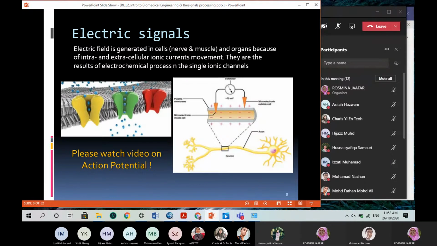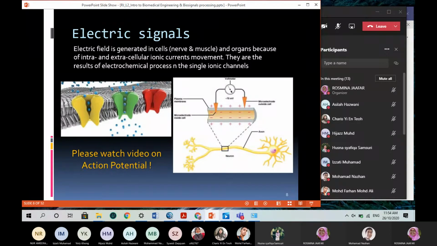Okay, as we recall from the intro to human physiology topics in the first lecture, our body contains lots of cells, and the cells of the body that carry electric signals are basically the nerves and the muscles.